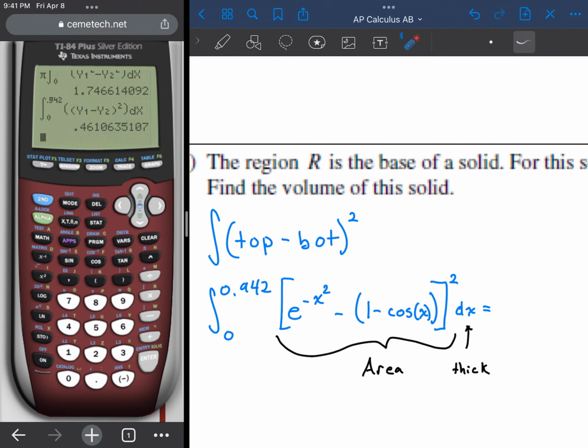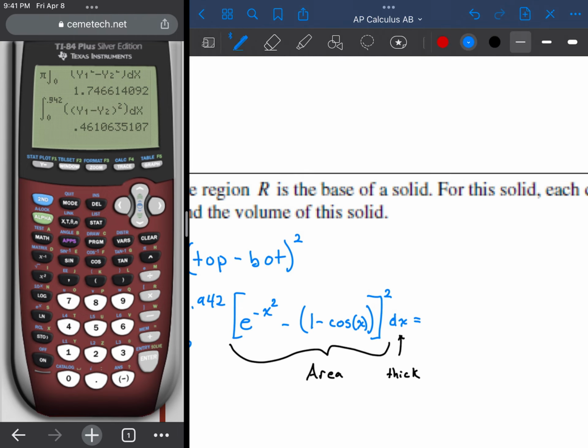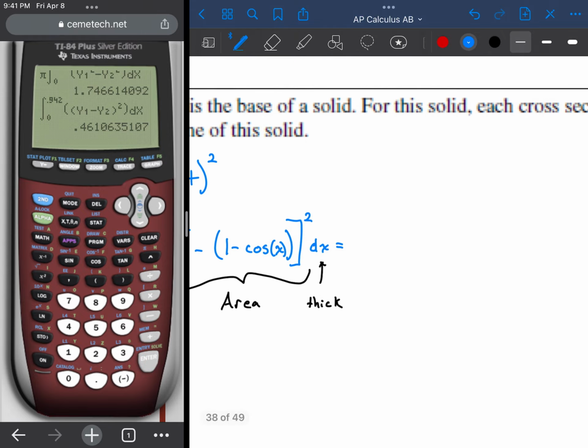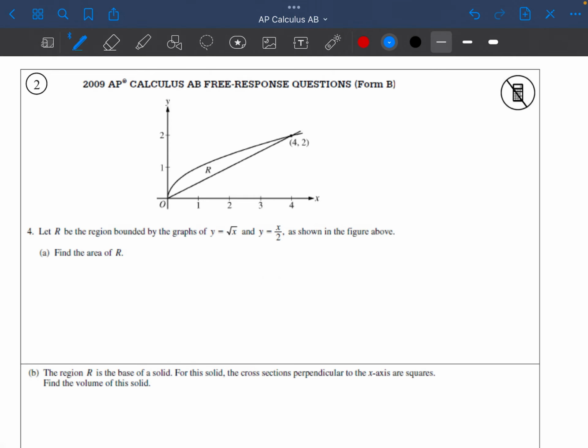There it is, 0.461. So let's say this is going to be 0.461 and box it.